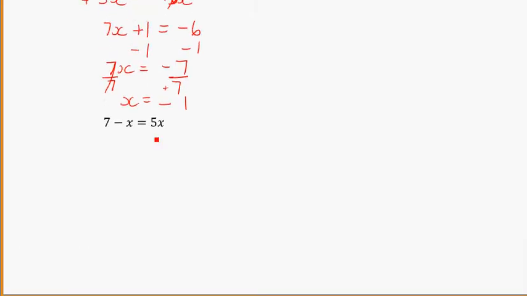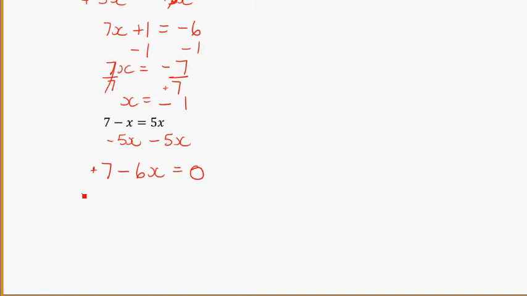Next one. I want to subtract 5x from both sides. I've still got my 7, so I'll write that down. Minus x minus another 5x is minus 6x equals 5x take away 5x is just 0. And I want to undo my, now if there's no sign there, it's a plus.